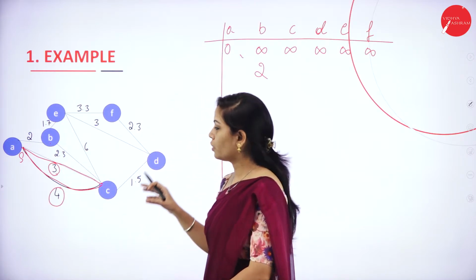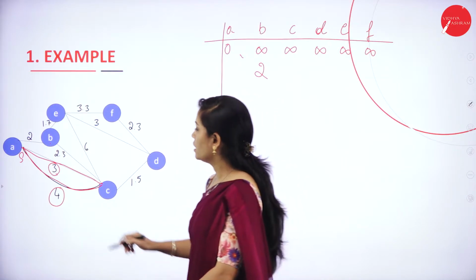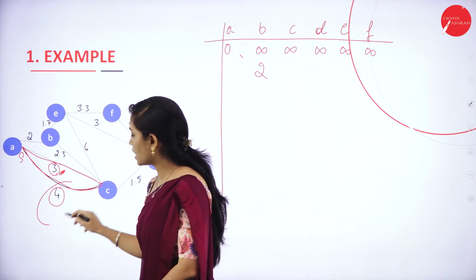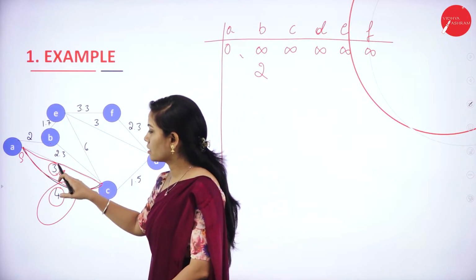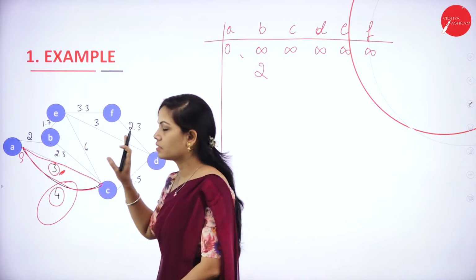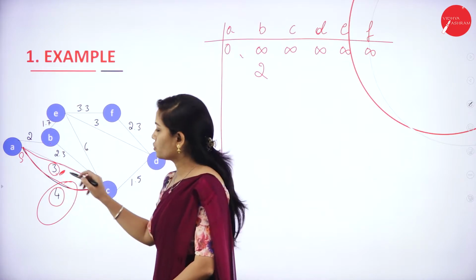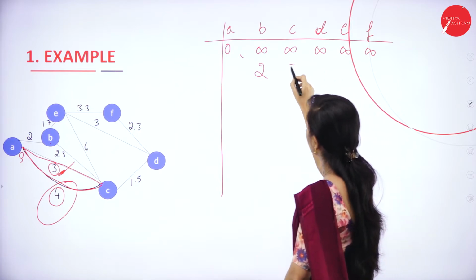So here you have to pick the least value, the least edge weight. The least weight is 3, so you just discard the other edge. Clear? So just assume A to C is 3, and discard A to C is 4. So 0 plus 3 is 3.